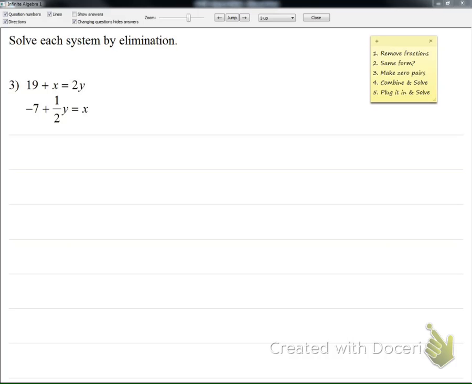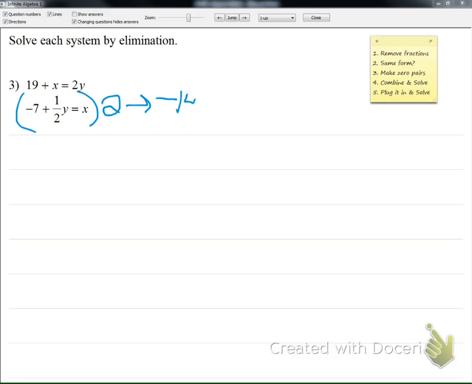Alright, the first thing that pops up in my mind when we look at problem number 3: ew, fractions. That's step 1, remove that fraction. Okay, so how do we remove a fraction? You multiply the equation by the denominator of the fraction in the equation. So I multiply every term by 2. Negative 7 times 2 is negative 14.